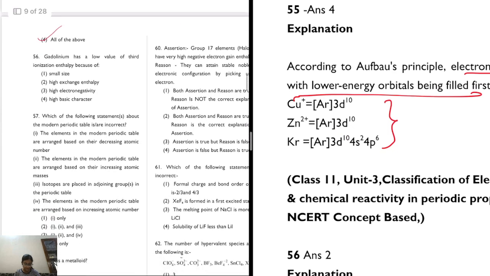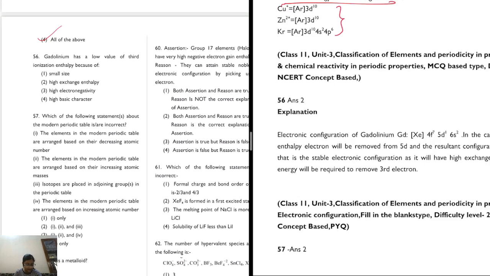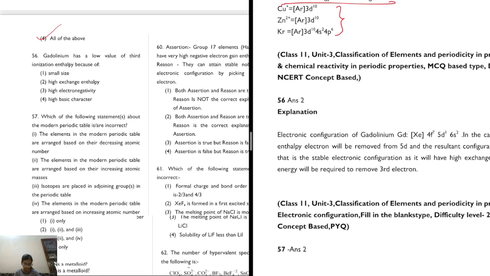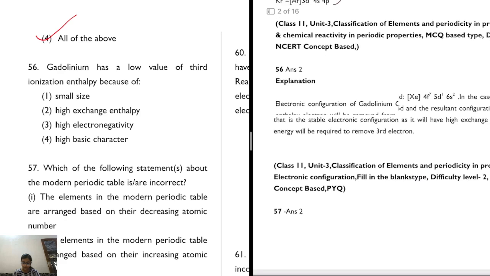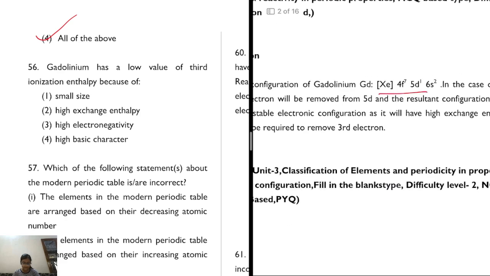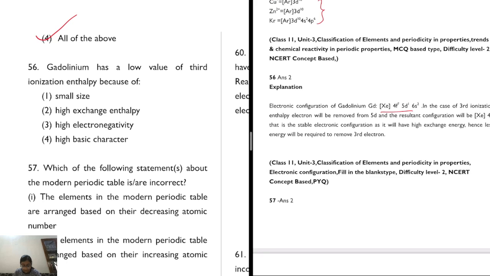Let's see the next question. Gadolinium has a low value of third ionization enthalpy because. See, let's see the electronic configuration of this element first, which is this. Now it is asked that it has low ionization enthalpy. Now you can see the value of third ionization enthalpy is low.